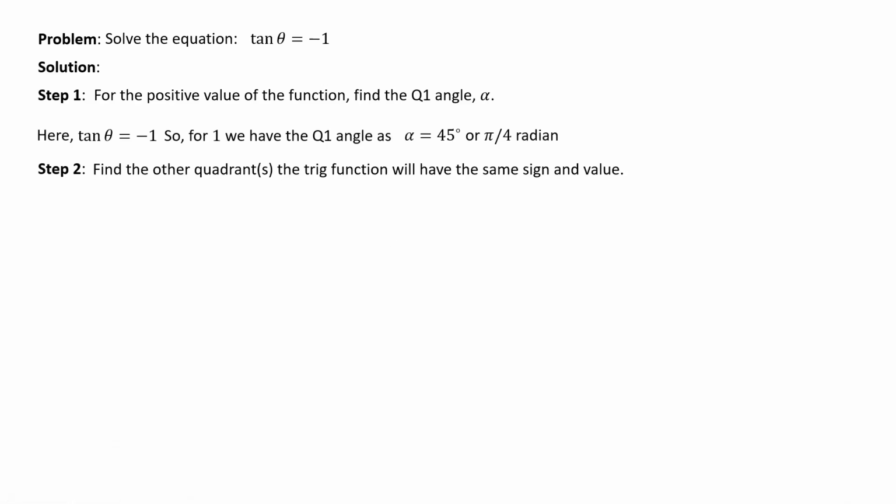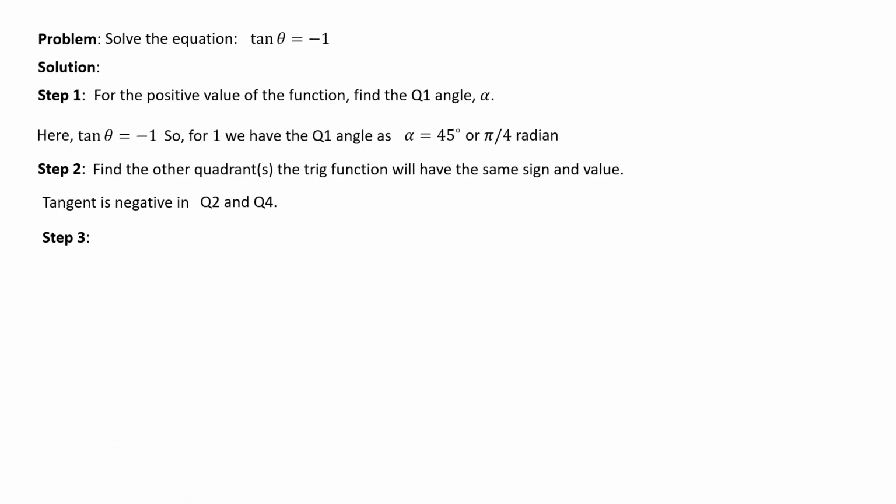Step 2, find the other quadrants. The trig function will have the same sign and value. Where would tangent be negative? Remember, all students take calculus. In the second and fourth quadrants, tangent would be negative. So tangent is negative in Q2 and Q4.